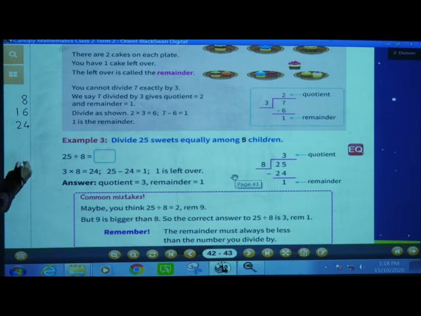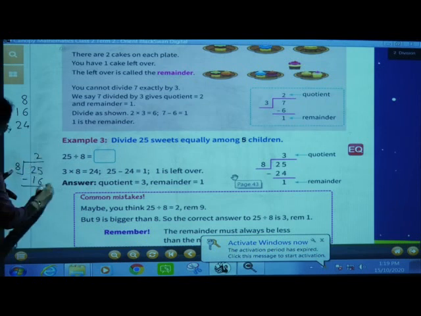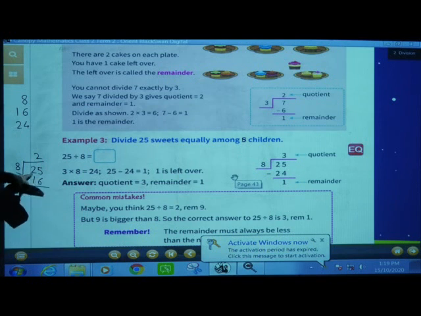See, 25 divided by 8, 25 is the dividend and 8 is the divisor. 8 twos are 16, 25 minus 16, 9. 9 is the remainder, but 9 is bigger than 8. So, the correct answer is 25 divided by 8 is 3.